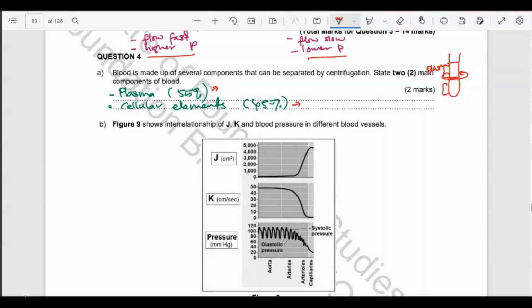So here, okay, you have the platelets, and then the rest of the cellular elements, red blood cells or the erythrocyte.